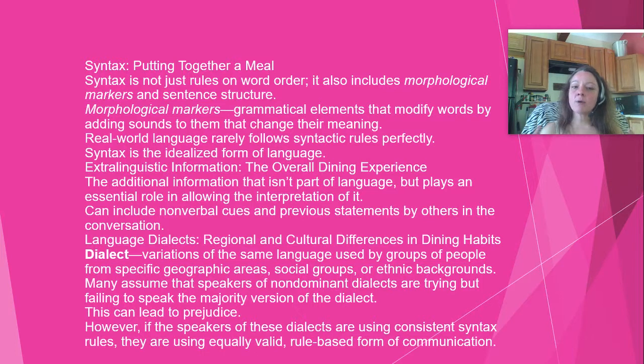Alright, so now that we've got our ingredients all together, our meal is done, and we're ready to eat it, ready to take in the whole dining experience. And so that's that extra linguistic information. That is the information in the language that we infer, that we're interpreting.